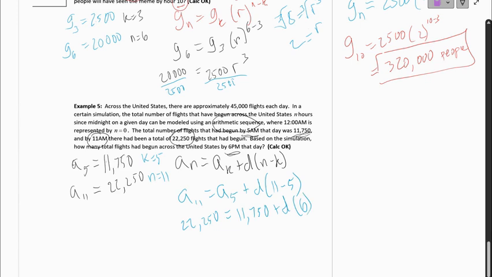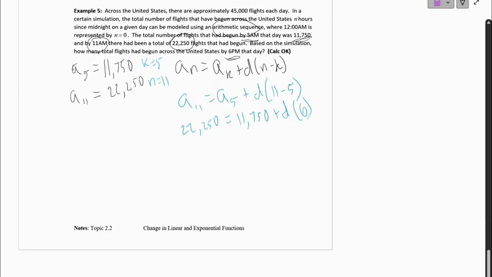Then subtract this over. Let me scroll down a little bit. Now it's just solving, so when we subtract we get 10,500 equals 6d. Divide by 6 and we get that d is 1,750.